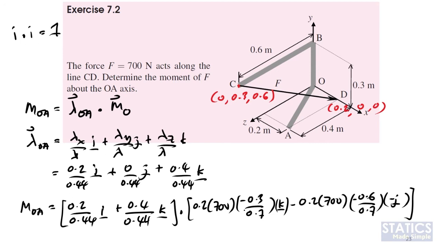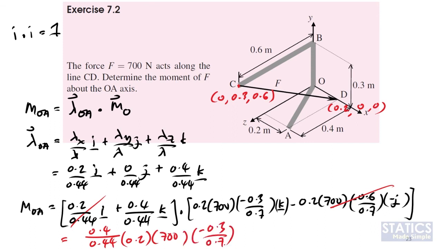So i must be multiplied with i. No i, so gone. Don't waste your time. So you have only the k part. j will not be multiplied with anything. So this part will be equal to 0.4 over 0.44 times 0.2 times 700 times minus 0.3 over 0.7. So this will give you the moment about OA in terms of newton meters, and it is a magnitude. You don't have i, j, k in front here. Clear?